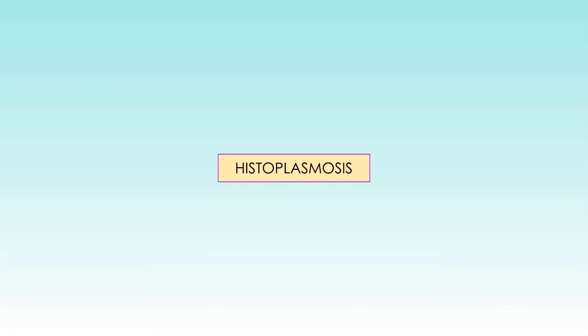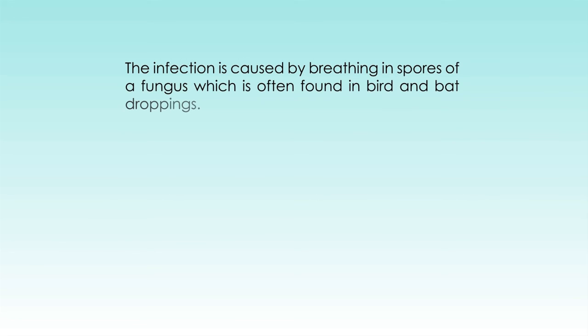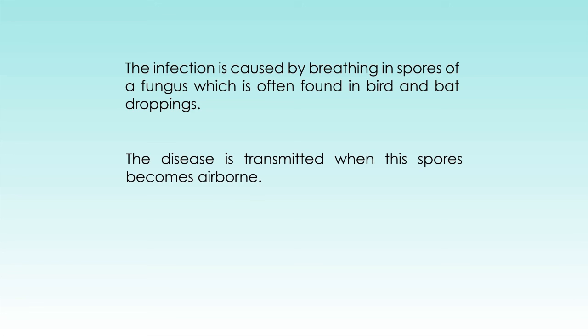Next is histoplasmosis. So histoplasmosis is also a fungal infection caused by a dimorphic fungus known as Histoplasma capsulatum. And the infection is caused by breathing in spores of a fungus which is often found in bird and bat droppings. The disease is transmitted when these spores become airborne.